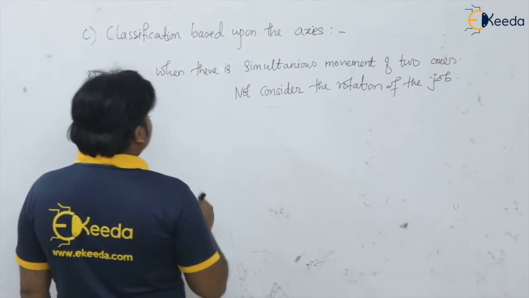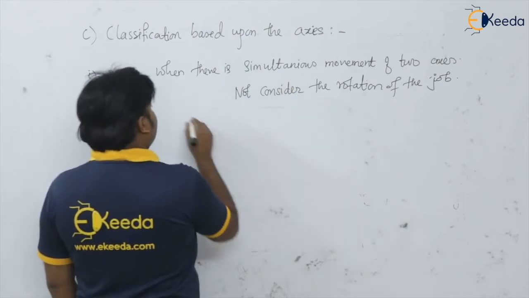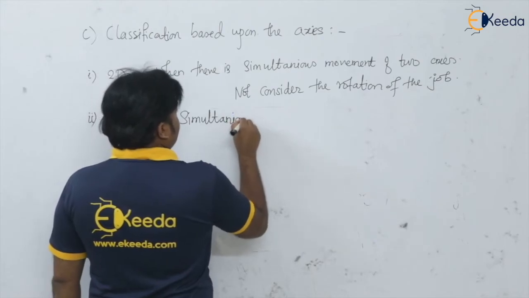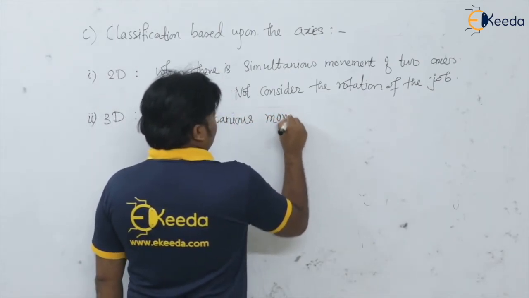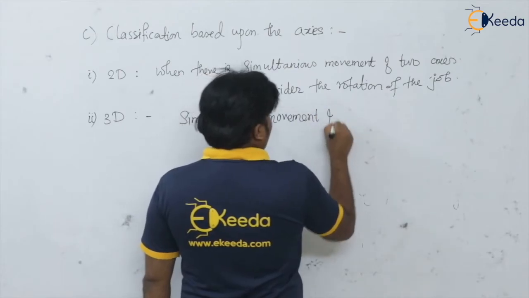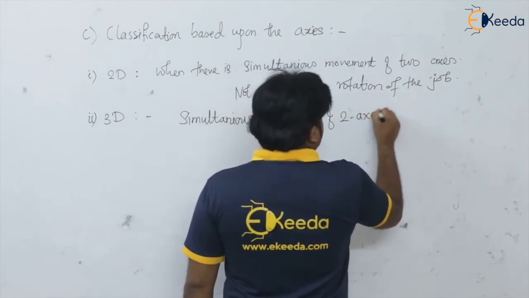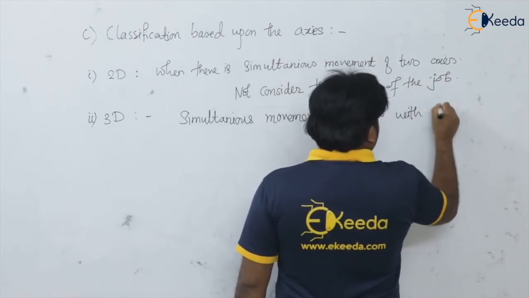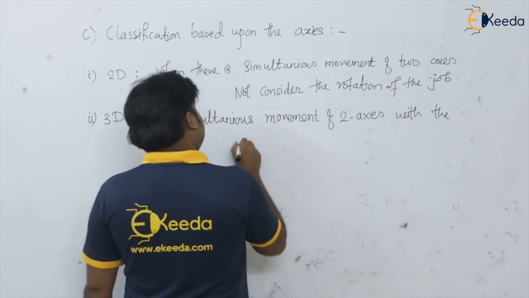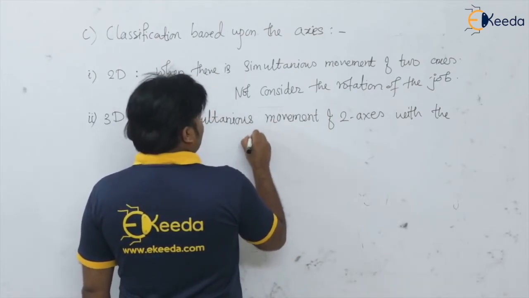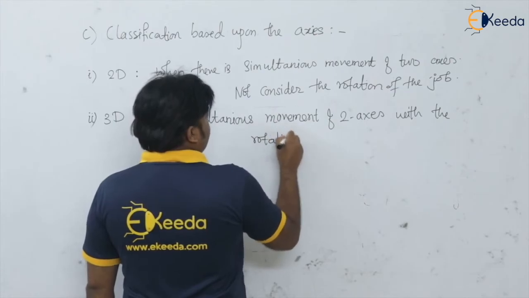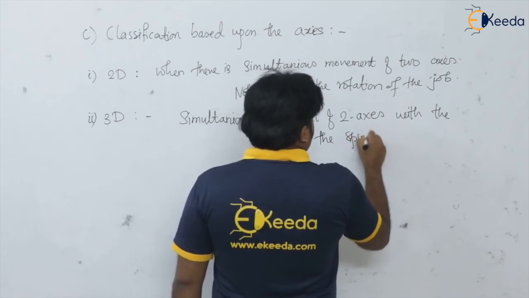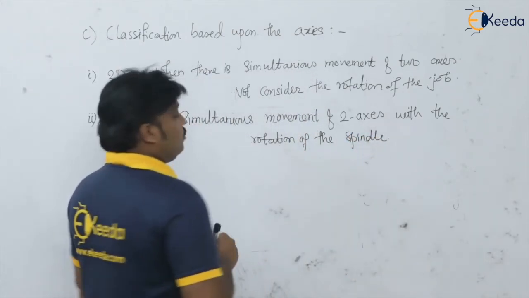In the 3D control system we have the simultaneous movement of two axes, and in addition to that, with the third axis, we have the rotation of the spindle or job. So this is the 3D control system.